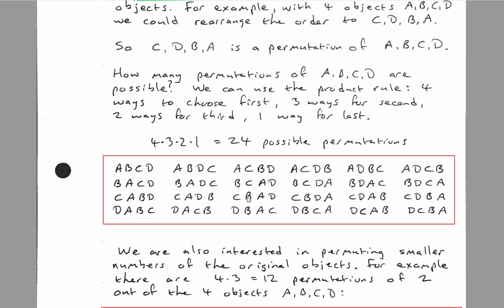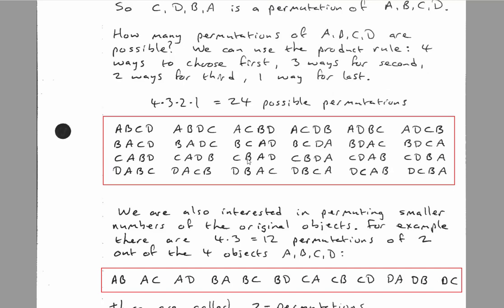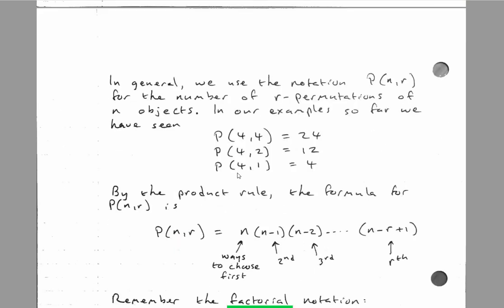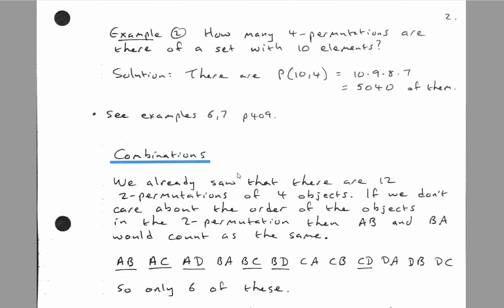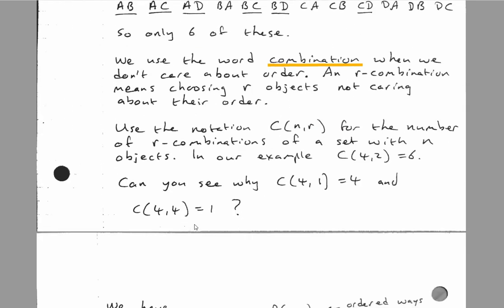So if you're choosing from A, B, C, and D, and you don't care about the order, then there's just one way. You just pick all the elements. So C(4,4) is 1. There's only one way to choose 4 things from 4 things if you don't care about the order of those things.